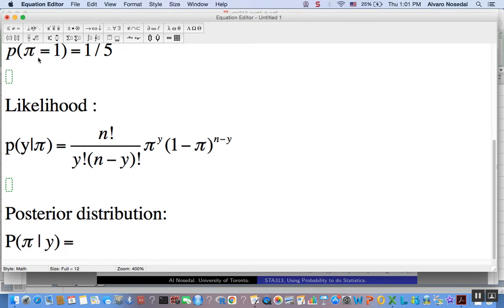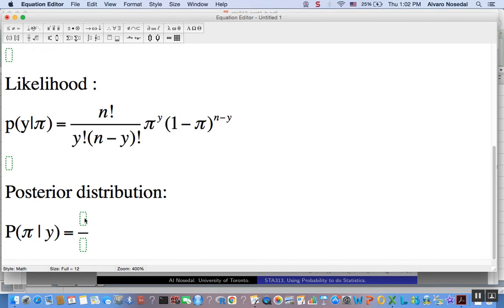So what we know is that we can find this using Bayes' theorem.